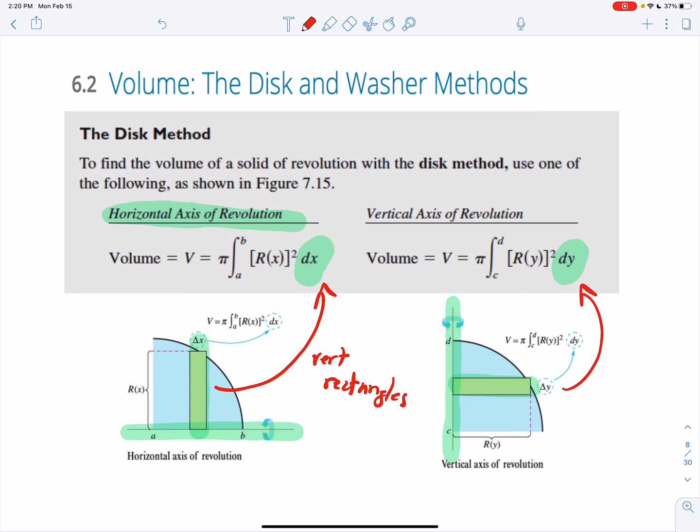Okay, so my question to you guys is, what do you notice about the direction of the axis and the rectangle? How are they related? If you notice here, they create that T shape. In geometry, there's a word for when they create that perfect T shape. It's called perpendicular.